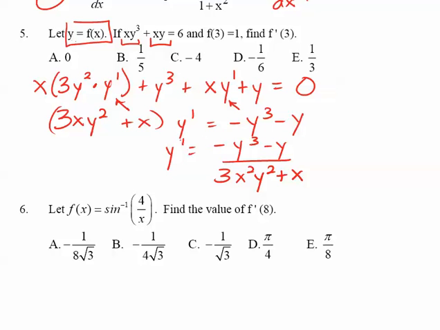And now we want to do our substitutions. So we are looking for the derivative at 3. Here we know the ordered pair: when x is 3, y is 1. So we want to substitute to find y prime such that x is 3, y is 1.